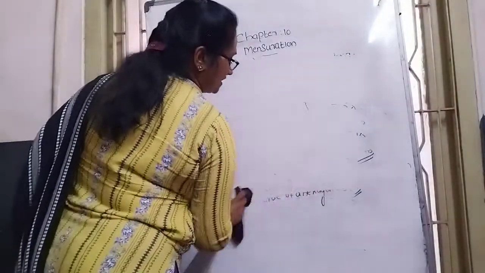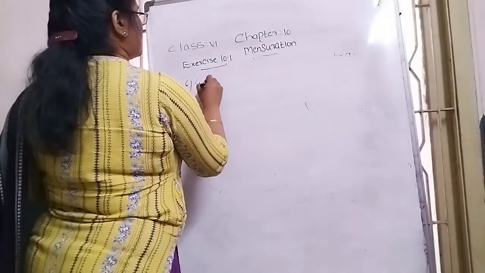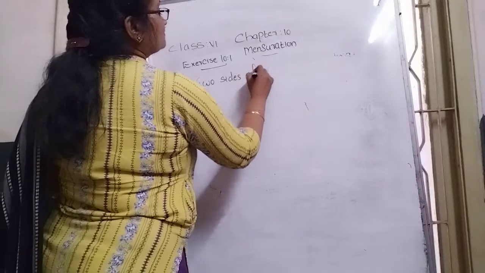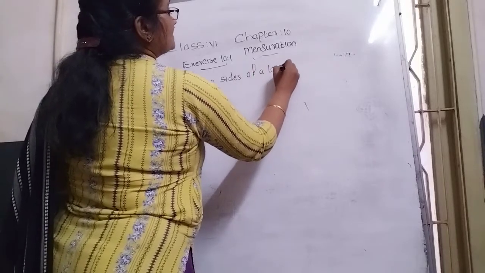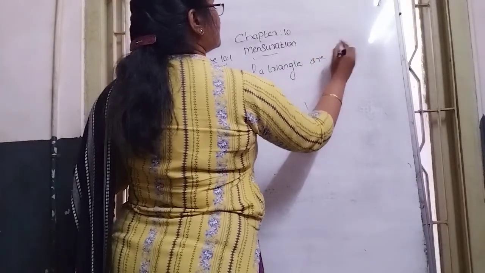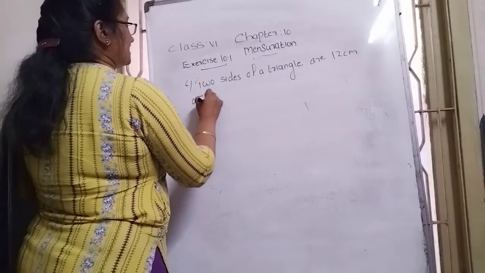Then the next question, 6th question, is about 2 sides of a triangle. Two sides of a triangle are 12 centimeter and 14 centimeter. It is given in the question.